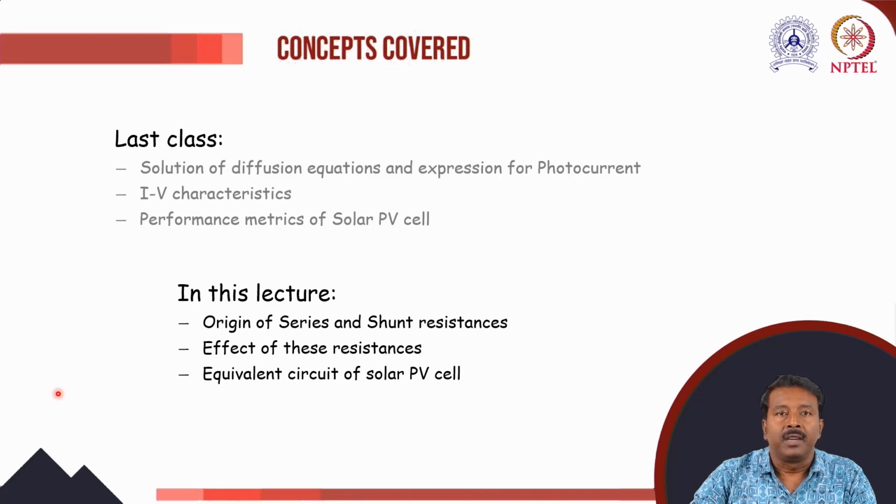These are the resistances faced by a solar cell in a practical structure. Then we will discuss the effect of these resistances on the performance of the solar cell, and the equivalent circuit including the series and shunt resistances will be discussed.